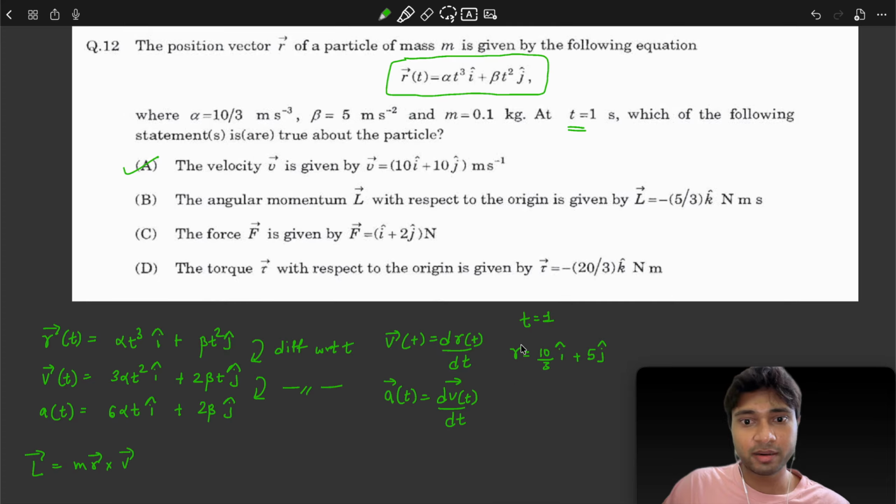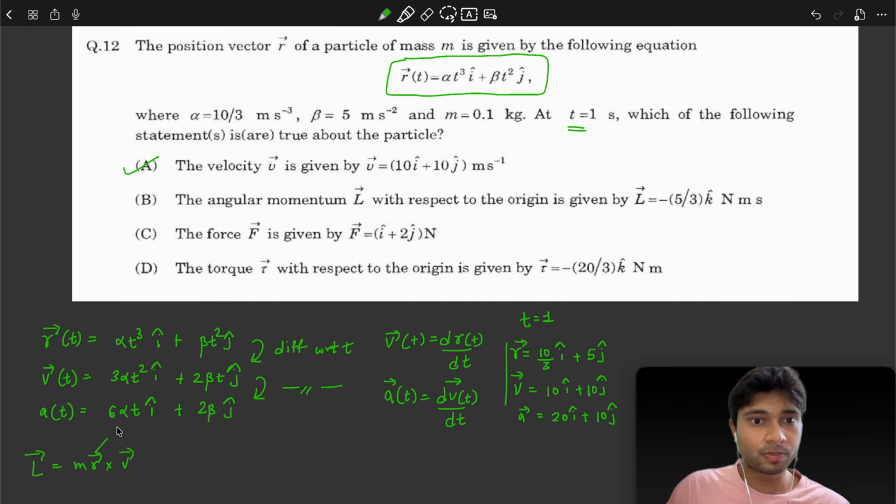We have also calculated the velocity earlier, so I can write velocity as 10 i cap plus 10 j cap. We should write acceleration as well, putting t equal to 1 second: 6 times alpha, which is 20 i cap, plus 2 beta, which is 10 j cap. So acceleration is 20 i cap plus 10 j cap.